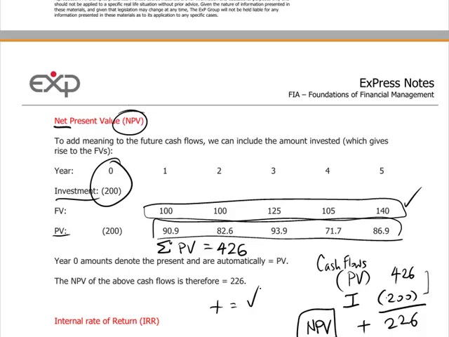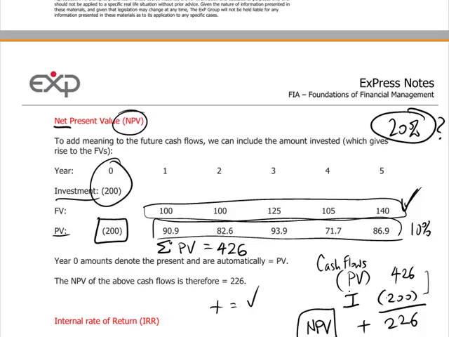Now, I leave it to the reader to test if these cash flows had been discounted not at 10%, as you see here, but at 20%, can you determine what the net present value would be of this project if we were to be invited to invest today $200?